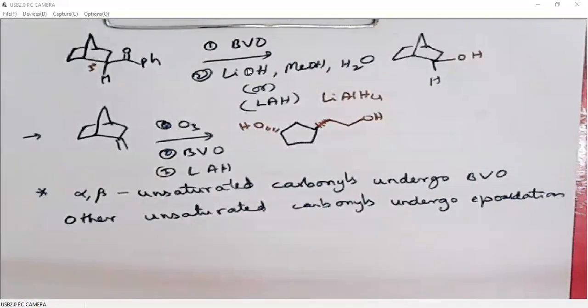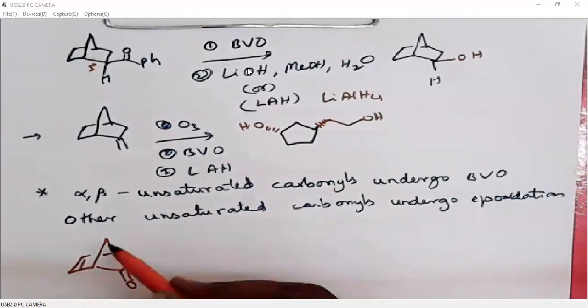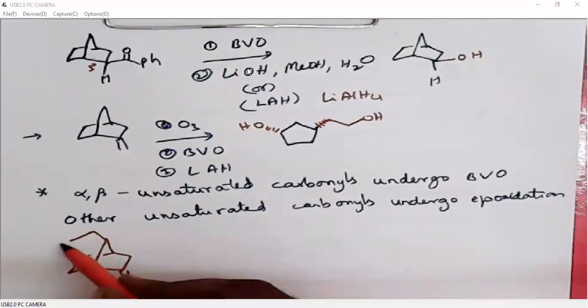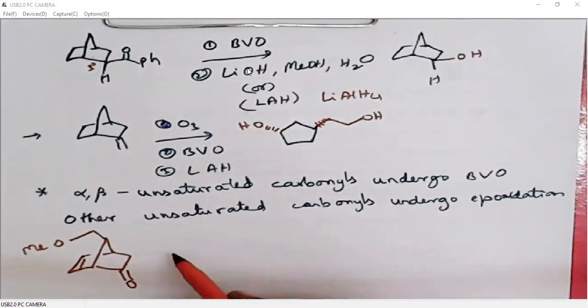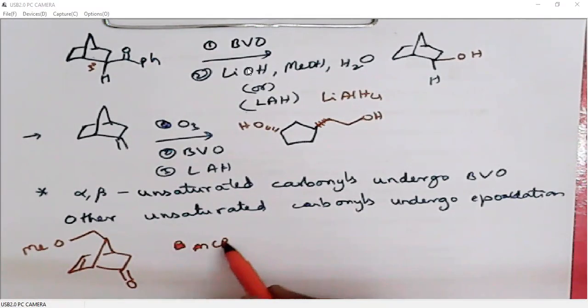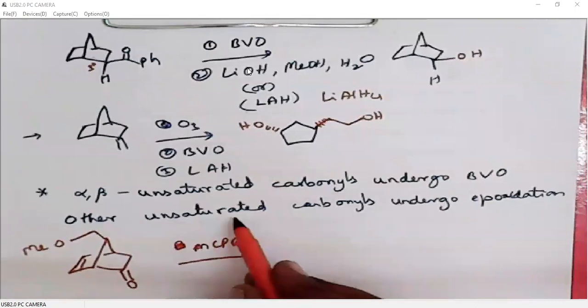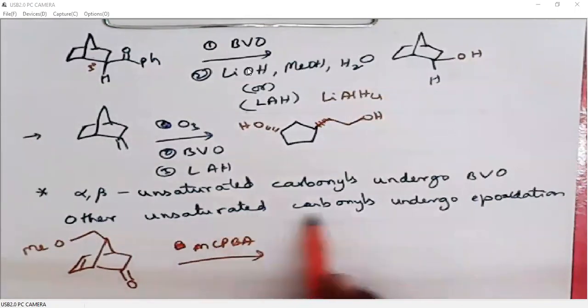For example, in this case, when we add MCPBA, what happens? According to our definition, it is not an alpha beta unsaturated carbonyl, so it must undergo epoxidation, right?